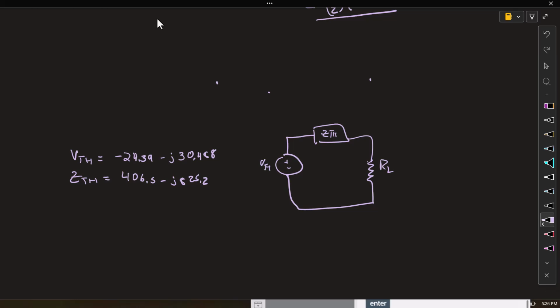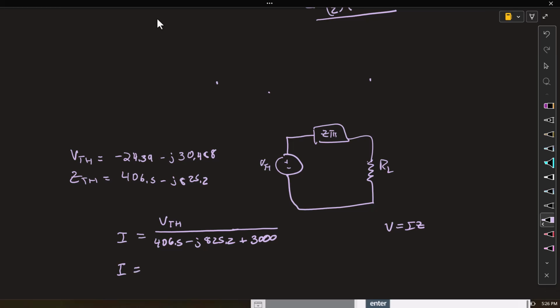So what would our current be? Our current I equals V Thevenin over 406.5 minus J825.2 plus RL, which they give us is 3 kilo ohms. So this is just V equals IZ. So the current through this would equal that.